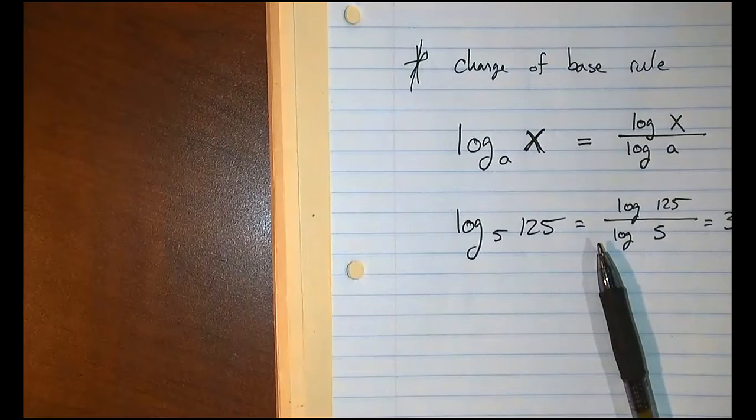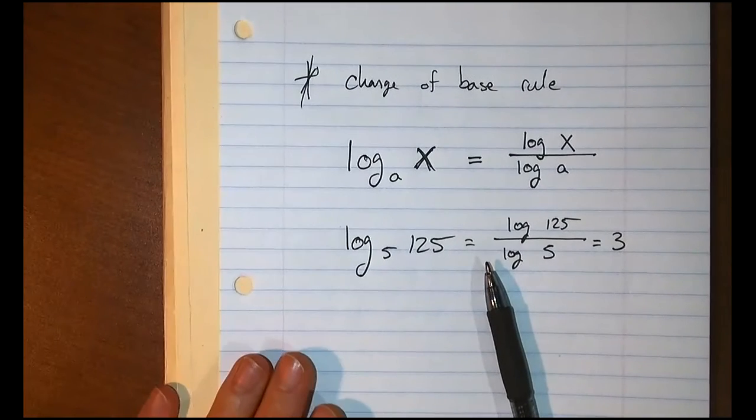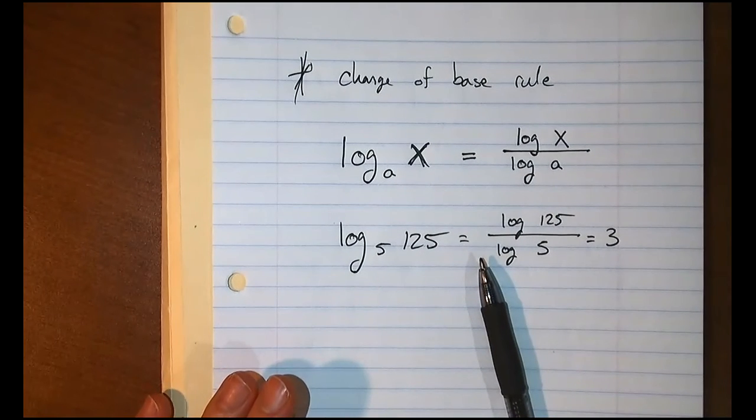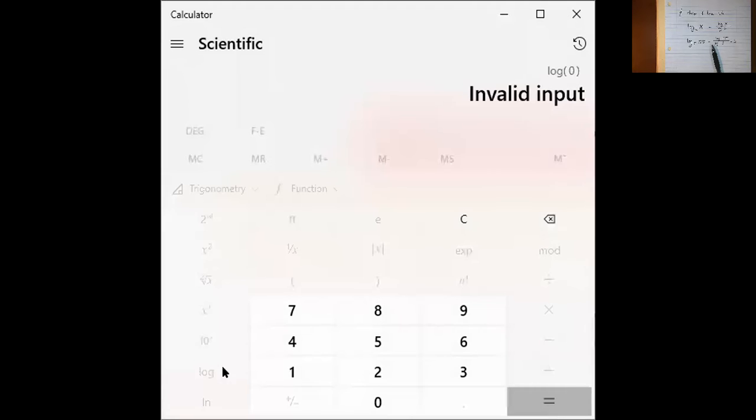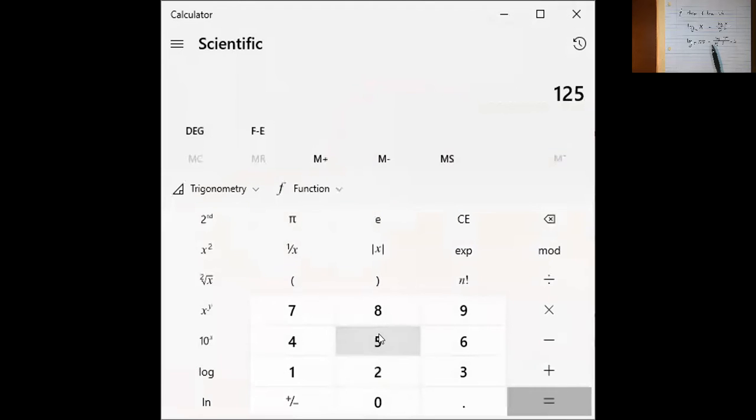If you have a normal, regular scientific calculator, like the one that's built into your computer, let me share that with you here real fast. Okay, so here I've got just a normal, regular scientific calculator that's built into my computer. It doesn't have anything except for the 2 logs. So on this particular calculator, you have to type in the number first, 125, and then log.